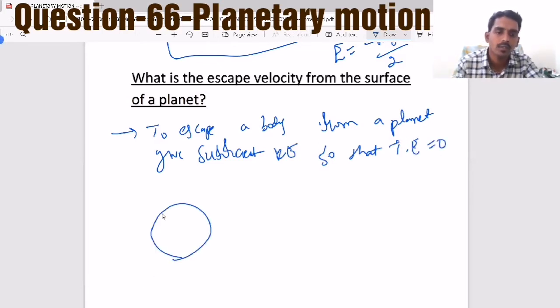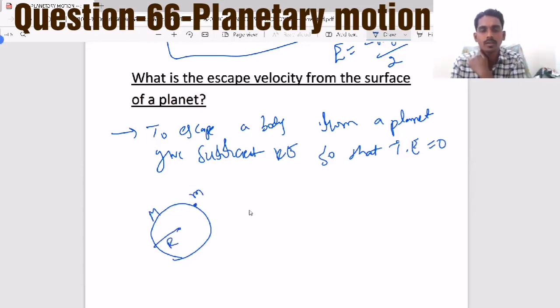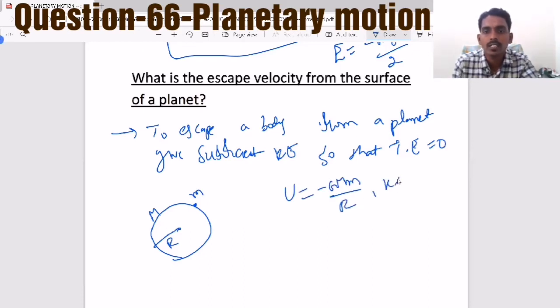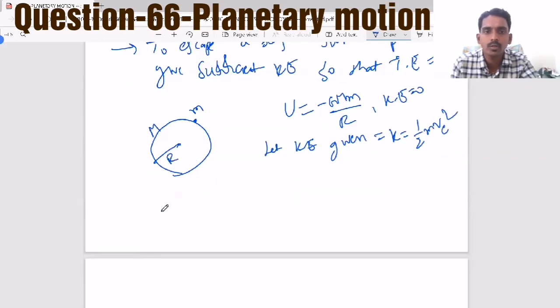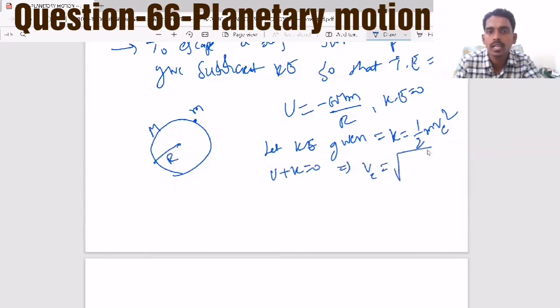Like if this is a planet of mass M, radius R, and a mass m is kept at one point, then its potential energy is minus GMm by R and kinetic energy is 0. Now let the kinetic energy given be K equal to half m v squared, where v is the speed to escape from the surface. So now U plus K should become 0, then you will get the v e value as under root 2GM by R.